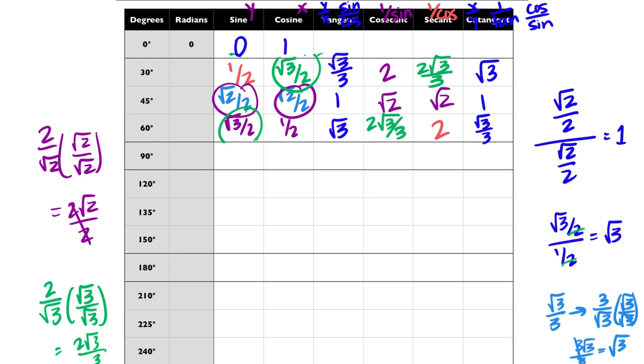Sine over cosine, so that's going to be 0 over 1, right? 0 over 1 is 0. Now here's one you may or may not know, the reciprocal of sine. So the reciprocal of 0 is like if you did 0 over 1 and then flipped it, you would get 1 over 0. Do you know what something over 0 is? Undefined.